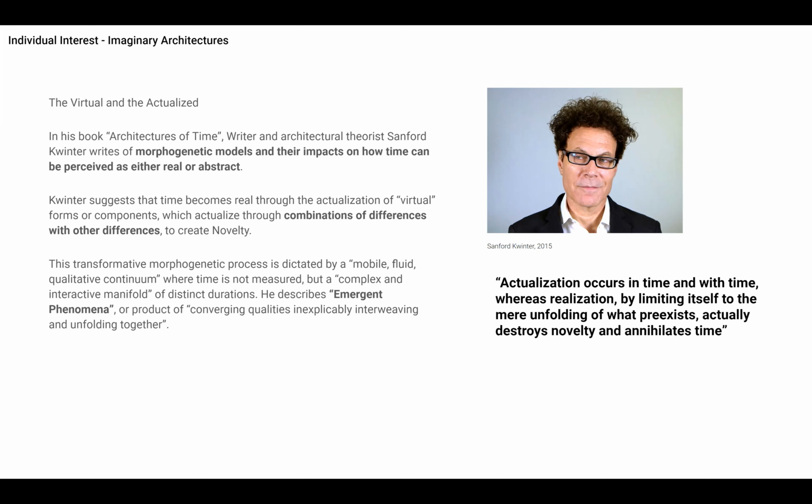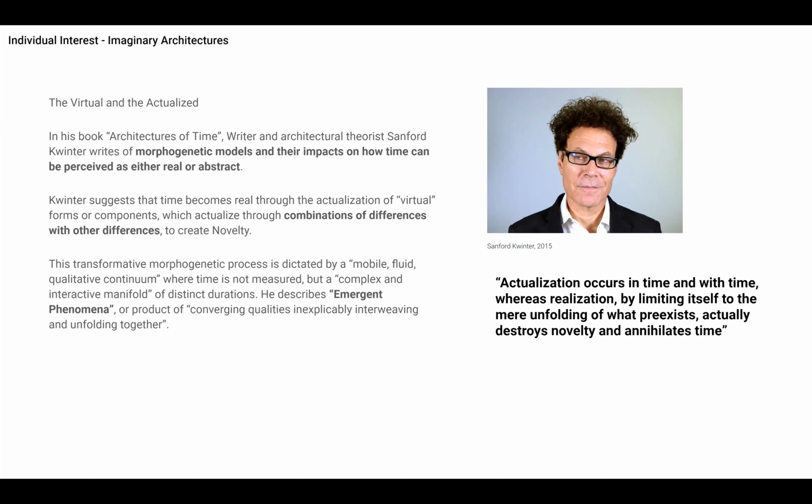He suggests an actualization process where forms and ideas are created through difference from the previous, or combinations of differences. For him, time becomes real as opposed to abstract through this complex interaction of different qualities and variables, and he calls the product of this process emergent phenomena.